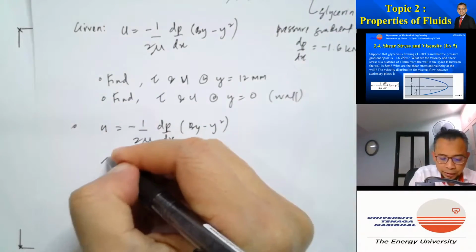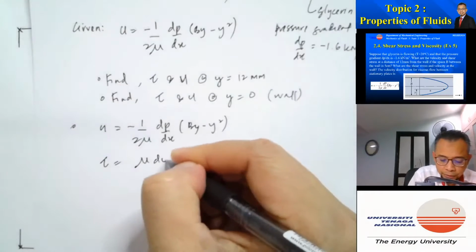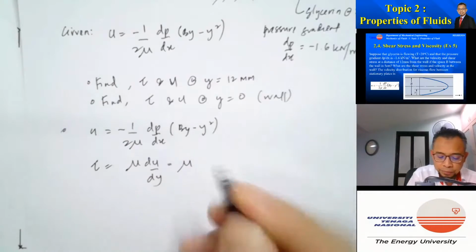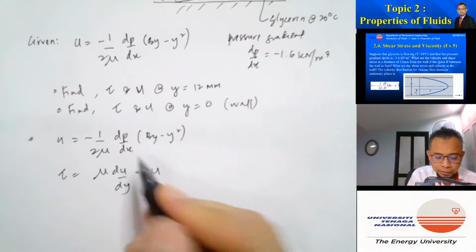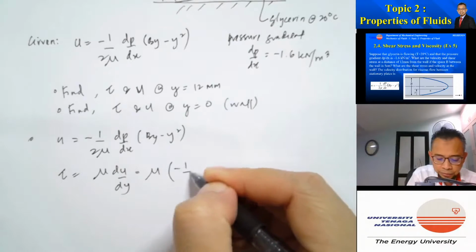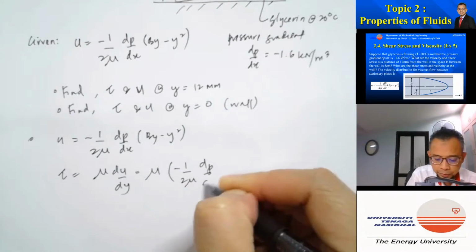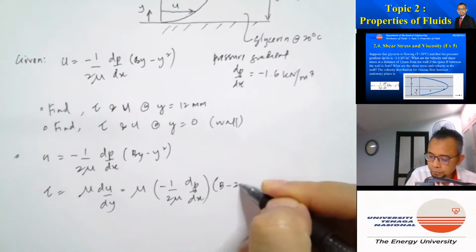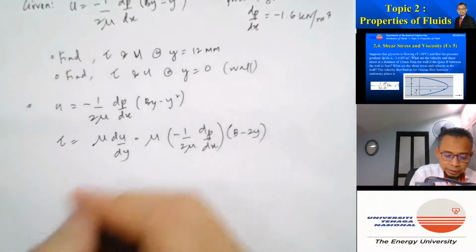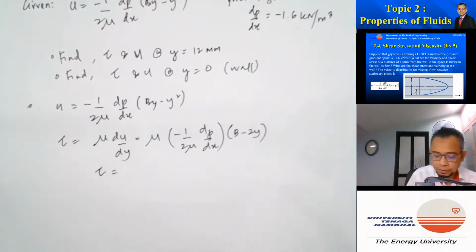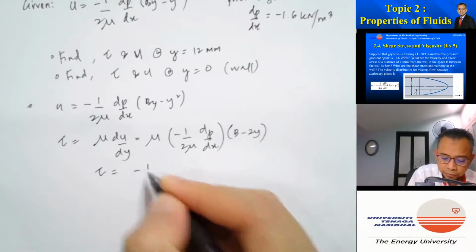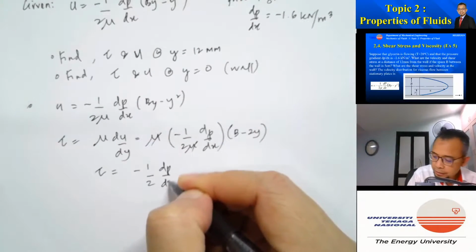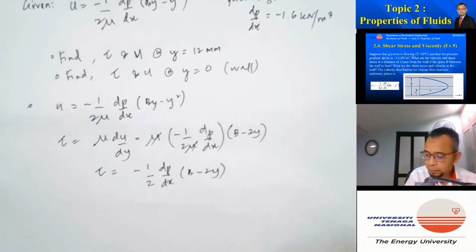We are asked to find tau. Tau is actually mu du by dy. So du by dy, all these are constants, so I have minus 1 over 2 mu dp by dx, and I differentiate this, so I have B minus 2y. Basically, the expression for the shear stress is minus 1 over 2, because mu cancels, dp by dx, B minus 2y.